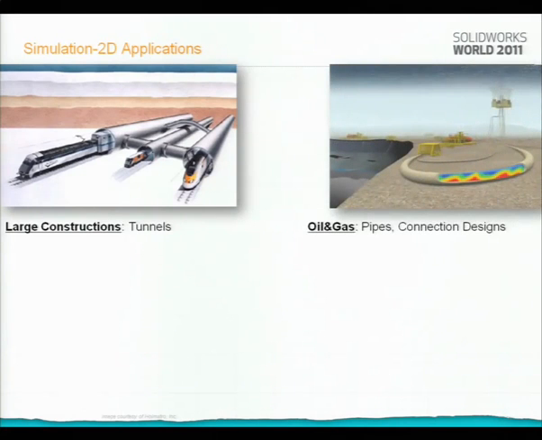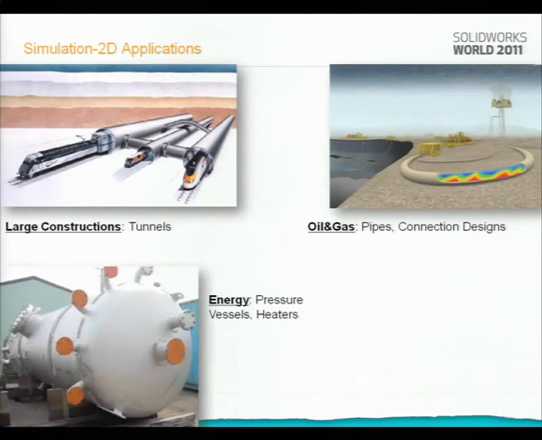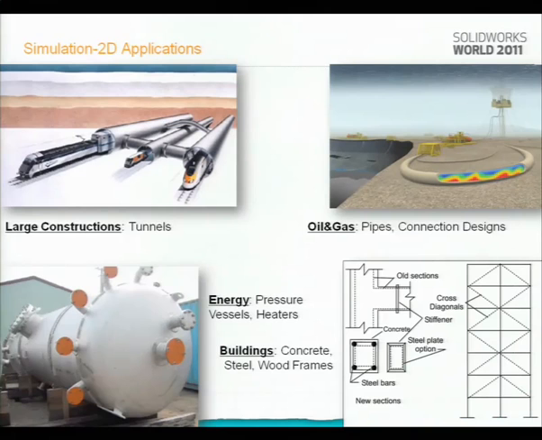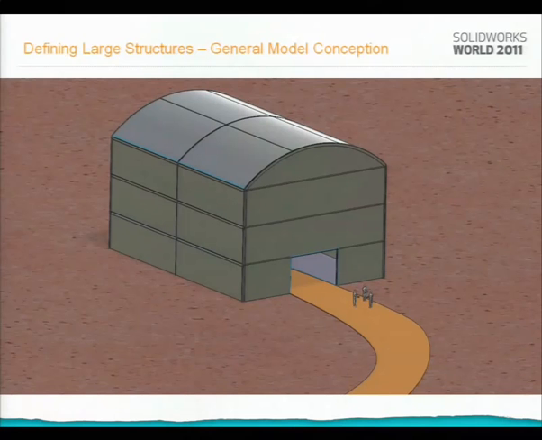We can go to the oil and gas market for pipes and connection designs. We are going to see some real examples of this. In energy, pressure vessels and heaters. And finally, in buildings, we can simulate frames, like concrete and steel frames, something like that.